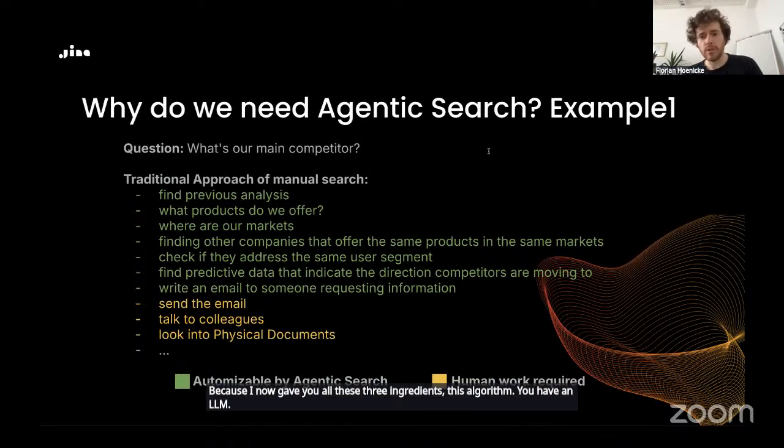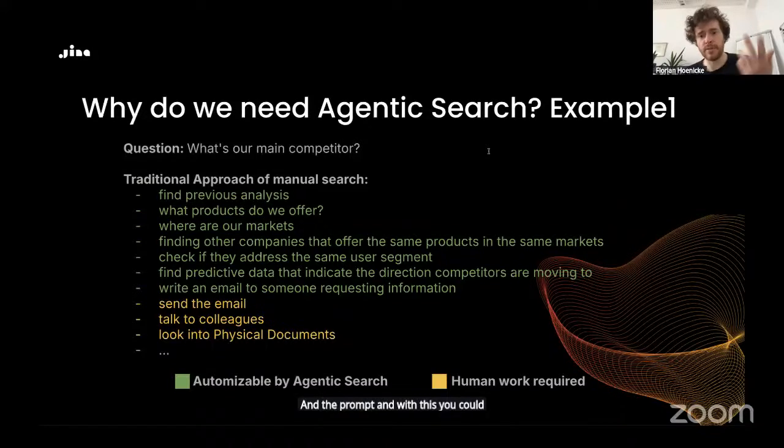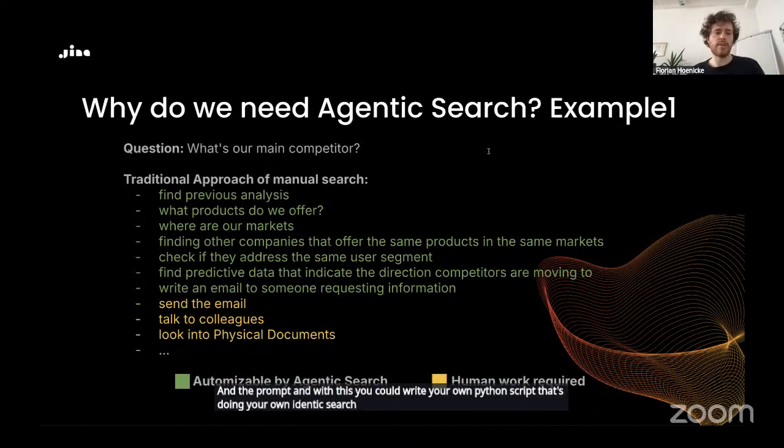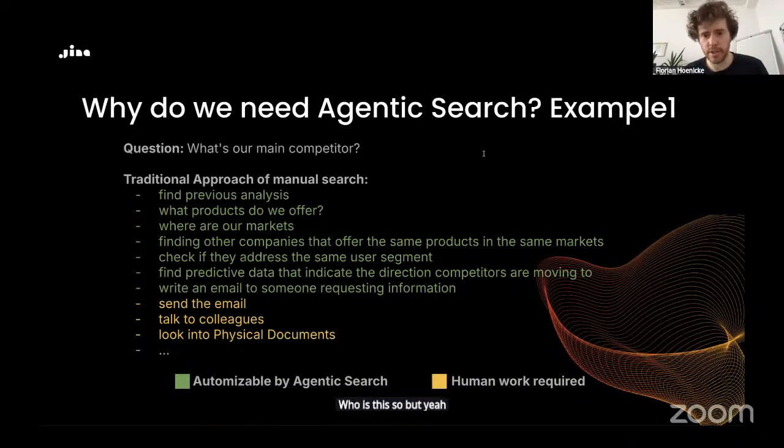With this, you could write your own Python script that's doing your own agentic search. And then once you have this, you can see, okay, what search engine do I integrate? How do I give a benefit to the company I'm working at with this? But yeah, the only way is to actually do something, but I think it's easy to get started.